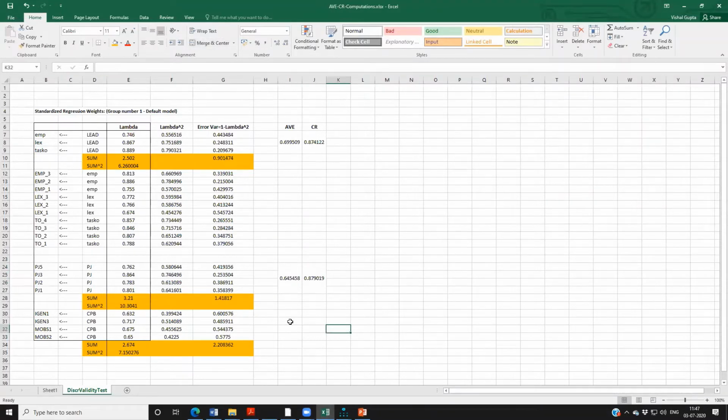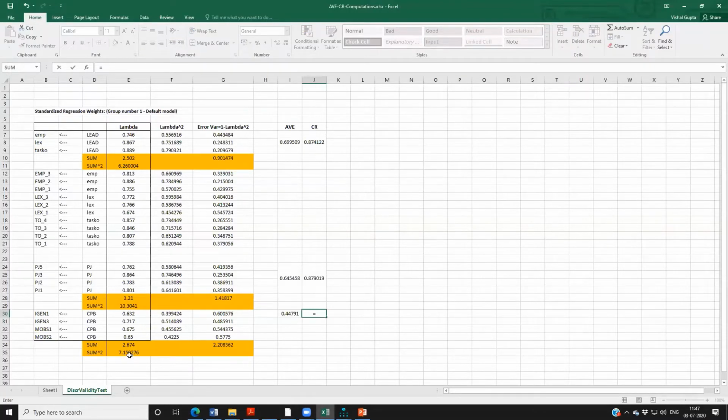This becomes the CR, and now for CPB we will do the average of the lambda squares and composite reliability.